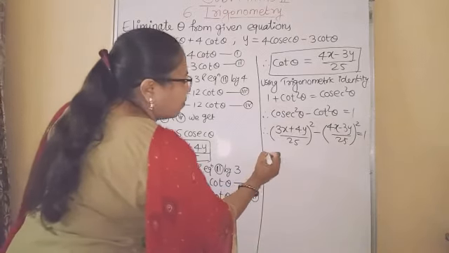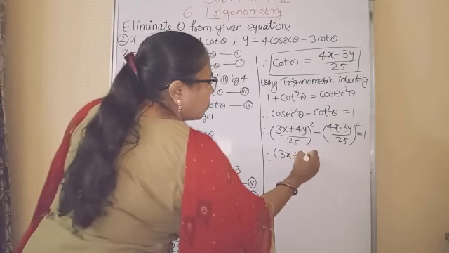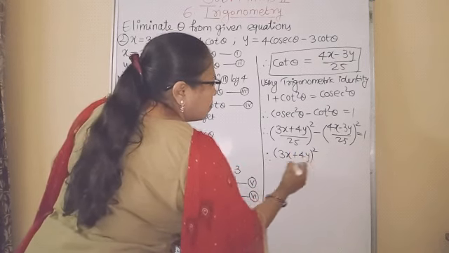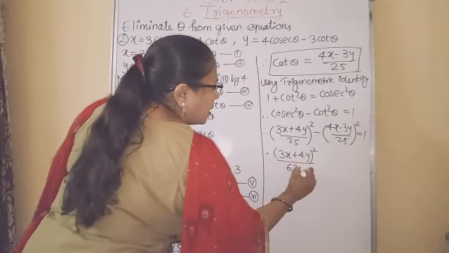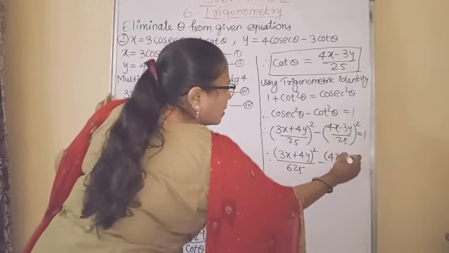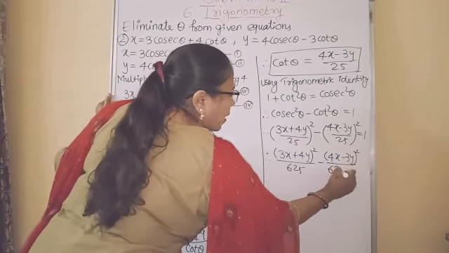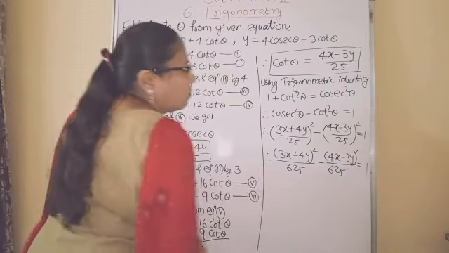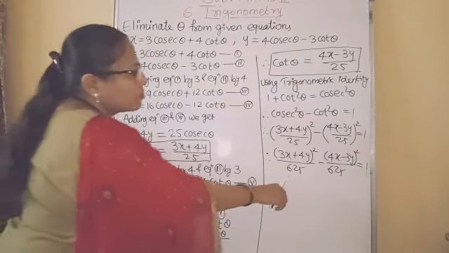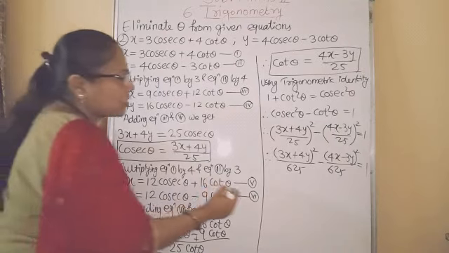Okay. Therefore, (3x plus 4y) bracket square upon 625 minus (4x minus 3y) bracket square upon 625 equals 1. Now see students, both have the same denominator, so we can do subtraction.